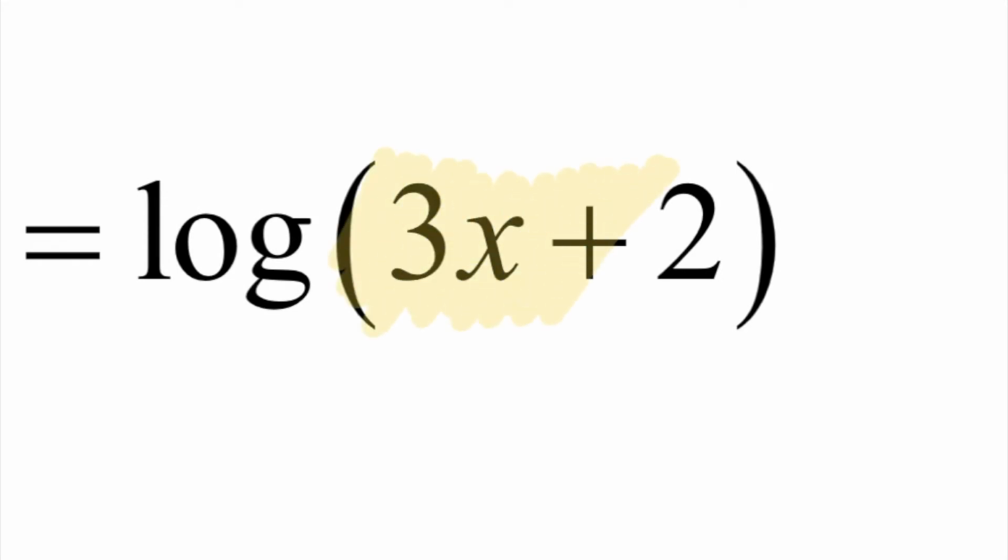What we're putting into the logarithm, and it's not the input, because x is the input, but what is being entered into the logarithm has to be greater than 0, has to be positive. It cannot equal 0. It cannot be negative.